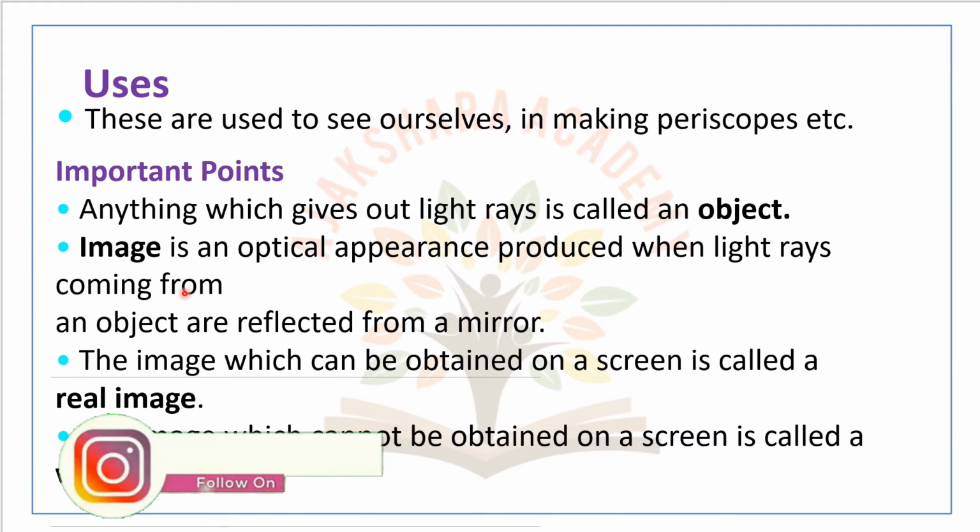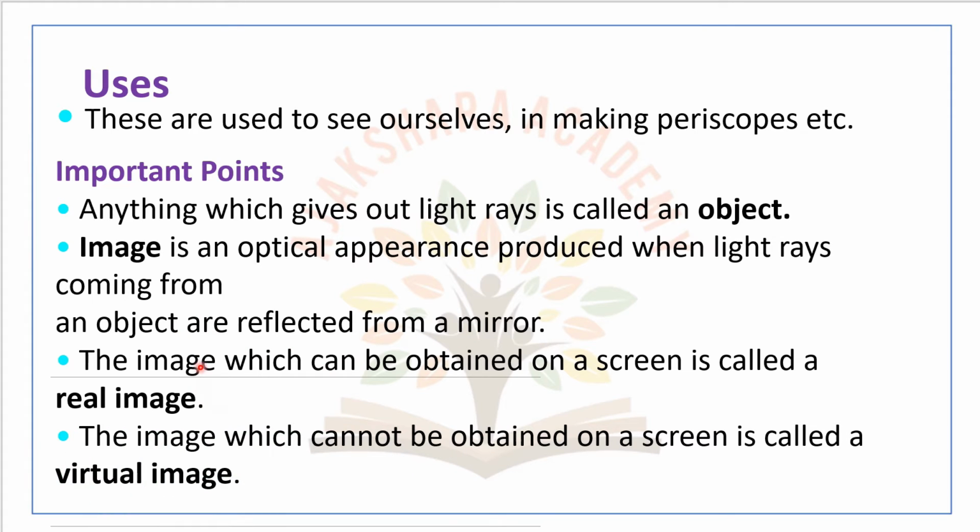So, images are of two types, real image and virtual image. That which can be caught on a screen is known as real image and that which cannot be caught on a screen is known as virtual image.